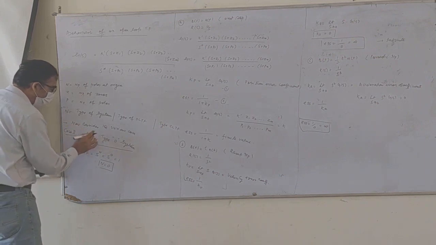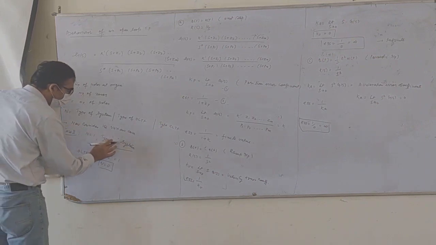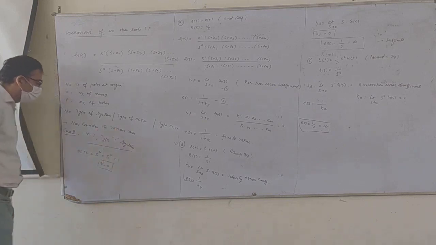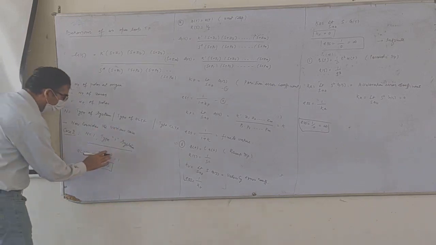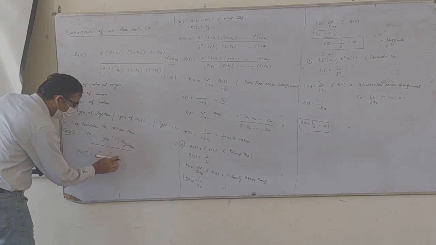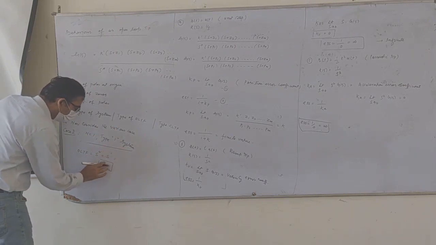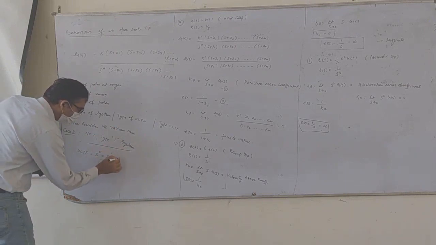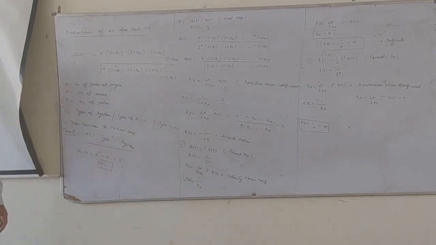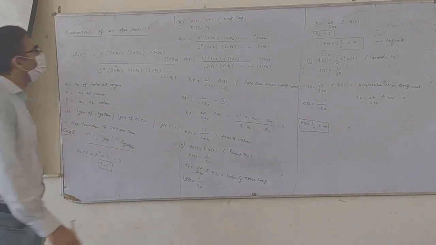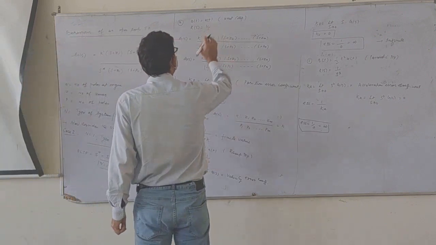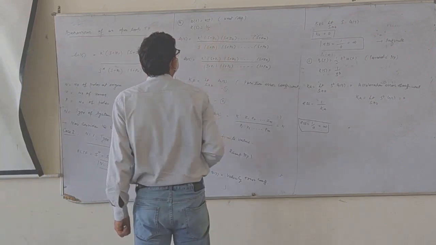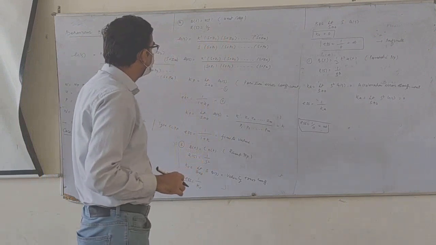N will be equal to 1. So s will be there in the denominator. So case number 1, this is the same thing. s will be there in the denominator.